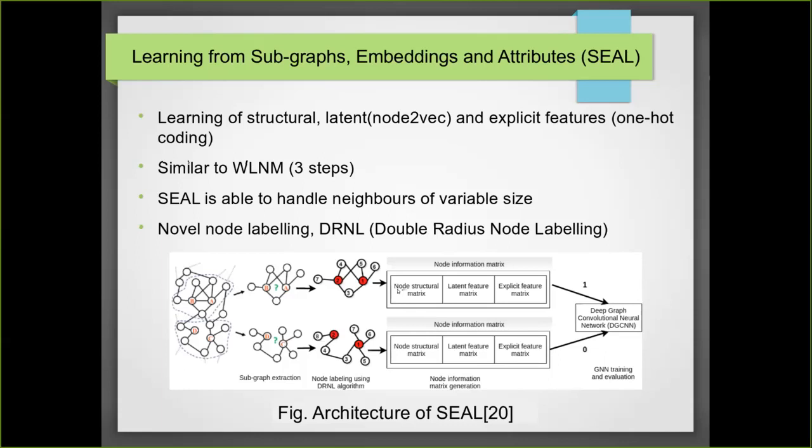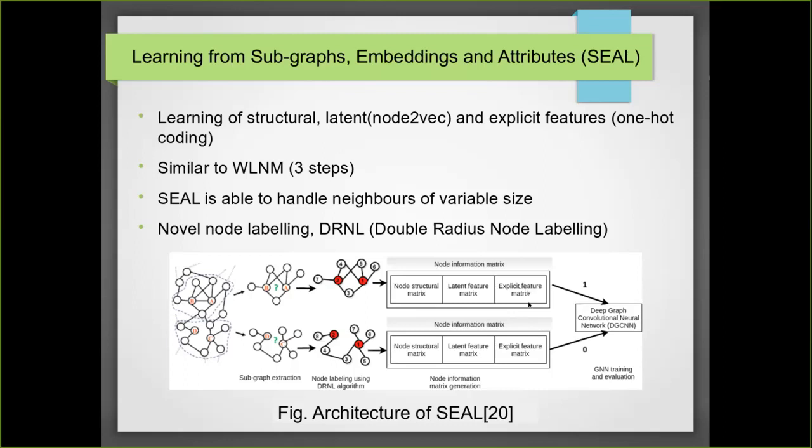And then the node structural matrix is quite similar to the WL algorithm. It also generates the latent feature matrix using the node2vec algorithm. Then it also generates the explicit feature matrix using one-hot encoding.